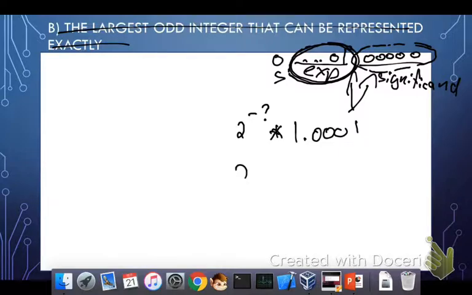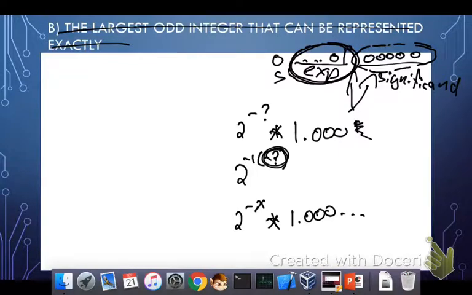Well, that's simply going to be negative 1 times whatever this is, right? So let's just represent this as x. So I have 2 to the x times 1.00 whatever. This is not supposed to be a 1 here. Okay.